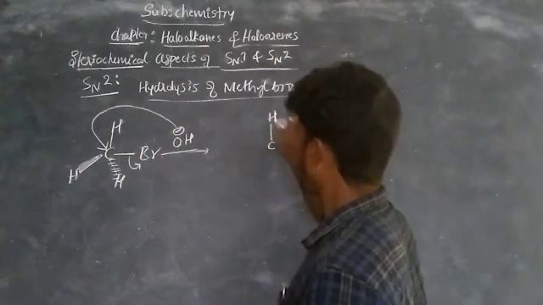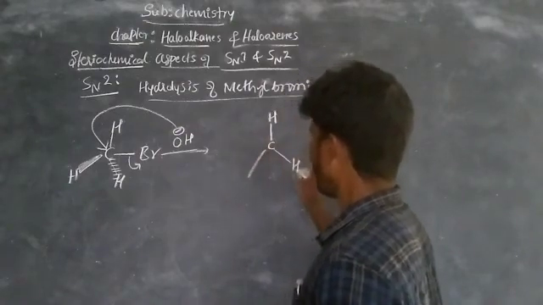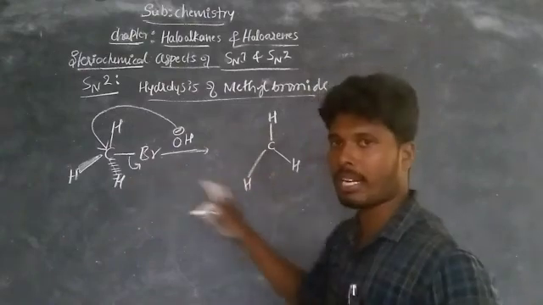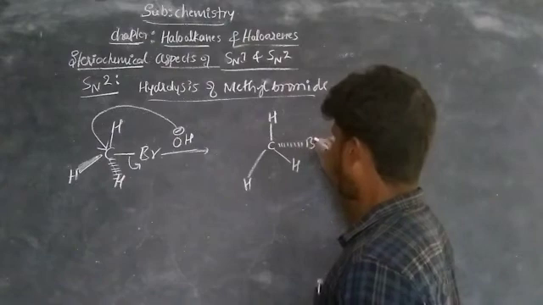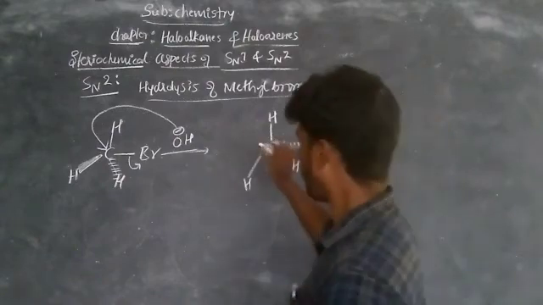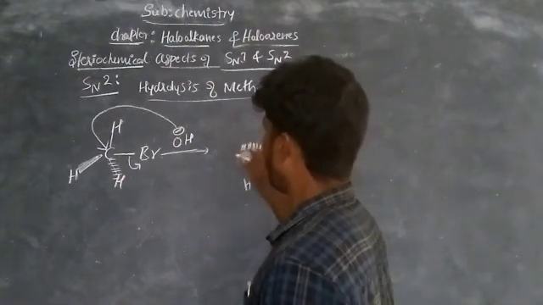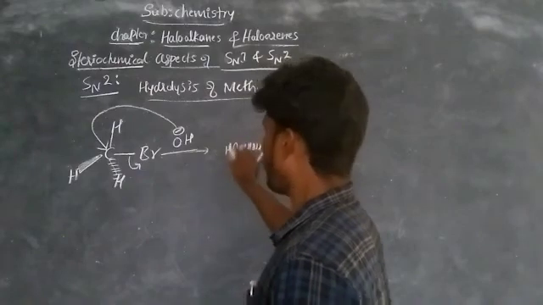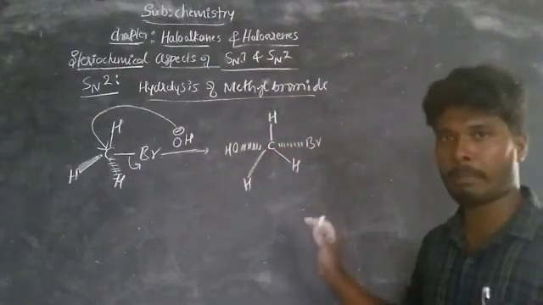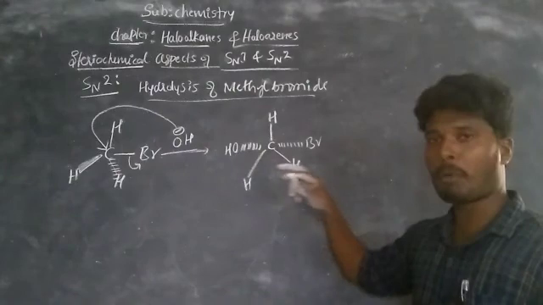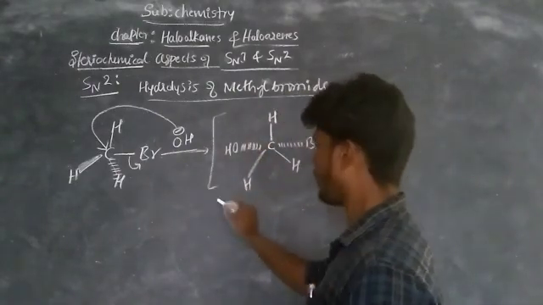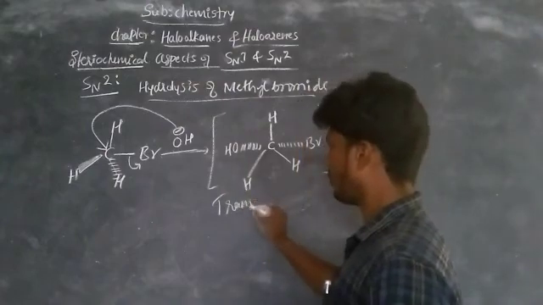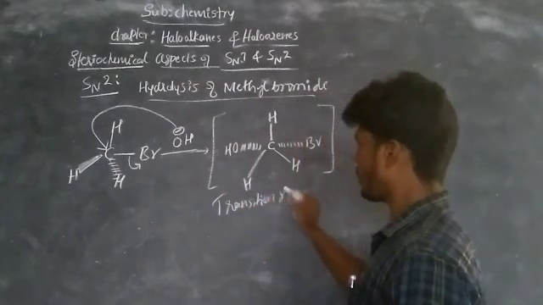These three hydrogens are in the same plane now. Here the carbon-bromine bond is partially broken and the carbon-OH bond is partially formed. This is the transition state.